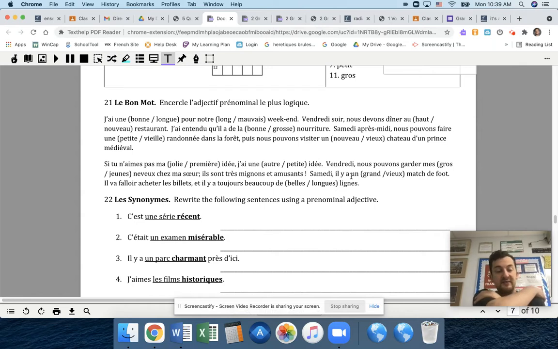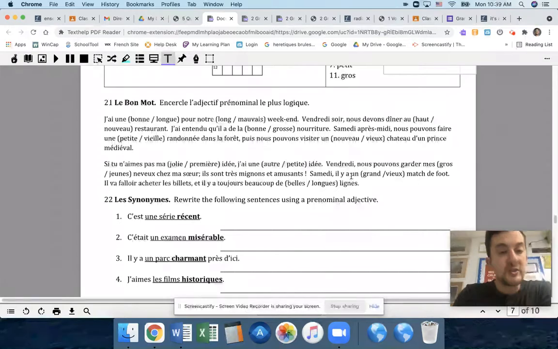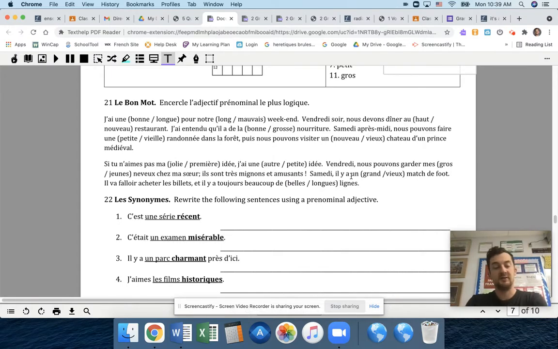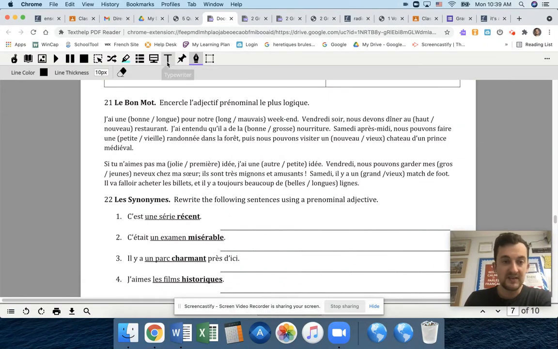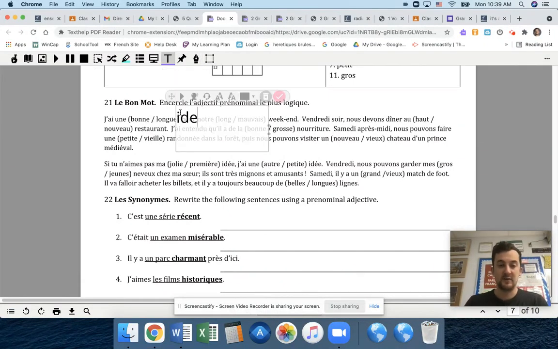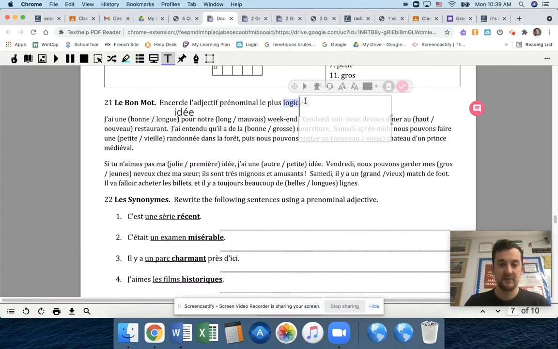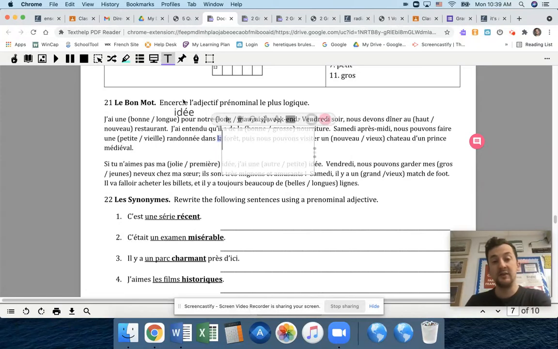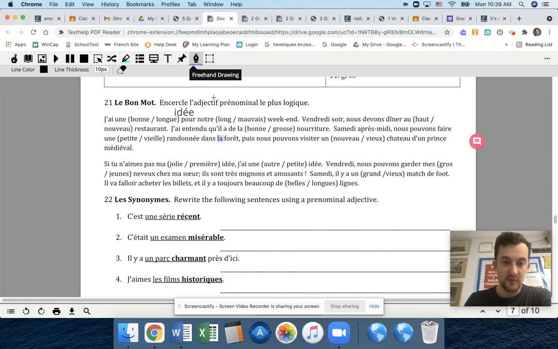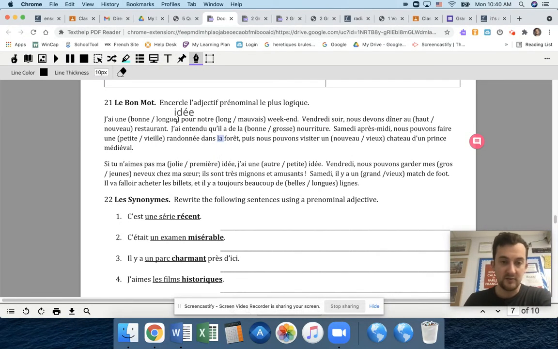All right, exercice 21. Le bon mot, the right word. You're going to choose the pronominal adjective that's the most logical in these sentences. So, we're missing the word idea, I can tell you already. The word idea is supposed to be in there. So I have a good or a long idea for our weekend.